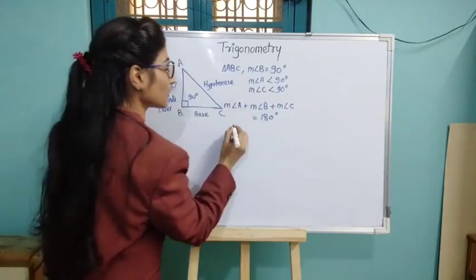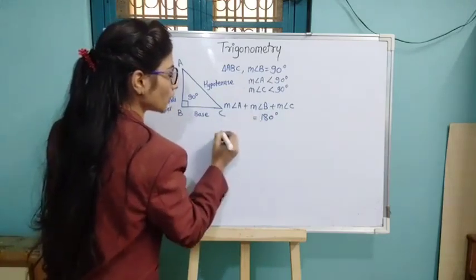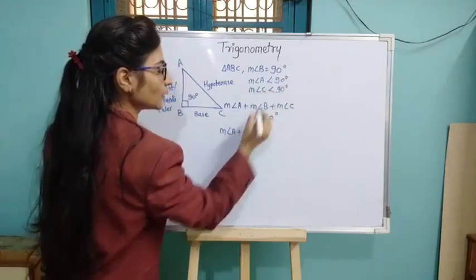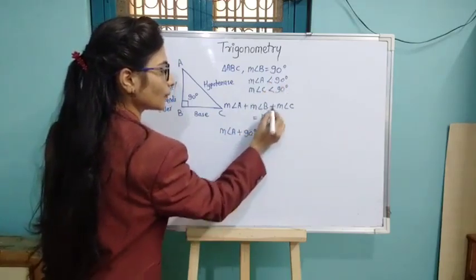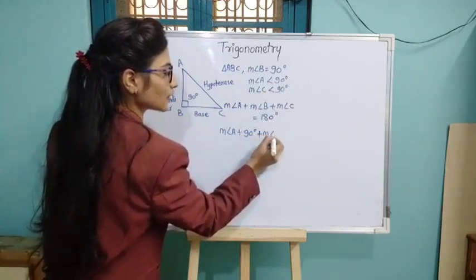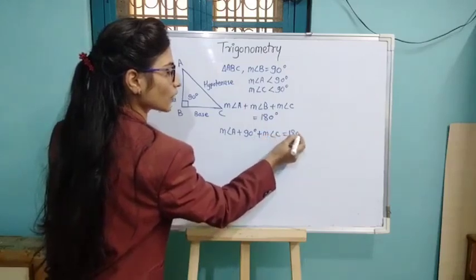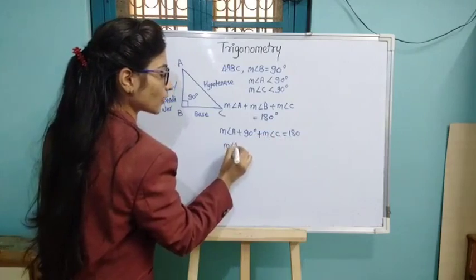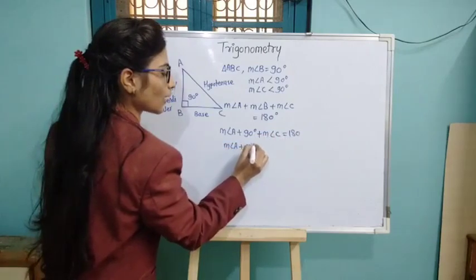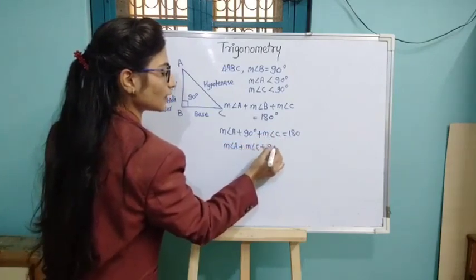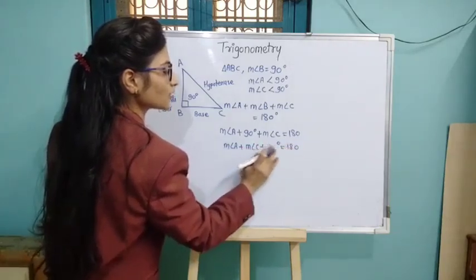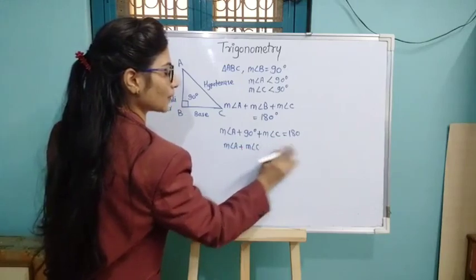Let's take a look. The measurement of angle A plus the measurement of angle B, which is 90 degrees, plus the measurement of angle C is equal to 180 degrees. Now we have to subtract this 90 from this 180, directly.